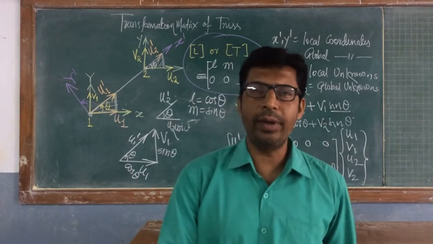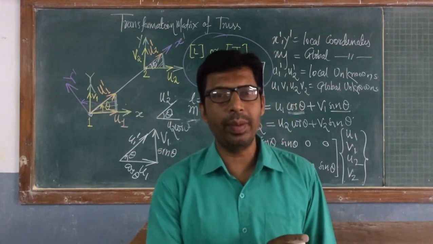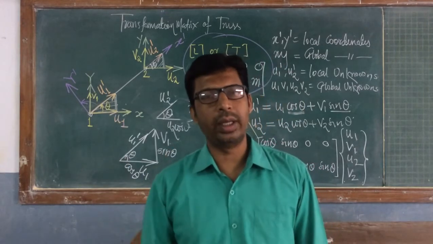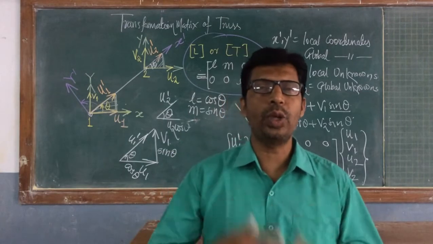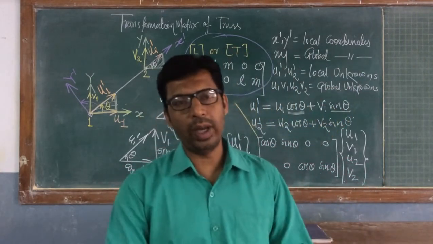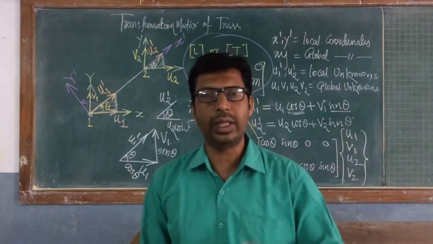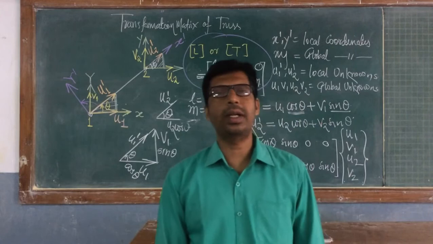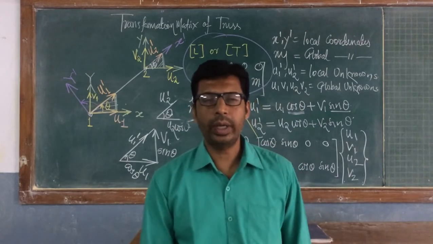Like for the bar member we derived the stiffness matrix as A E by L times 1, minus 1, minus 1, 1. Similarly we have to derive the stiffness matrix of the truss member, which is used in problems like finding K1, K2, K3 as in the bar problem. So in the next class we will derive the stiffness matrix of the truss member. Okay, thank you.